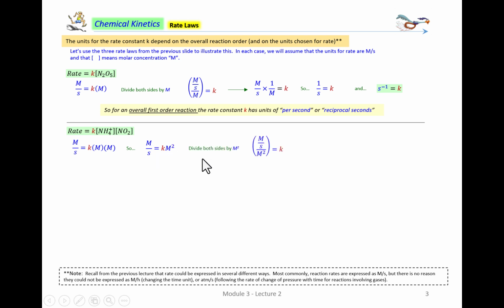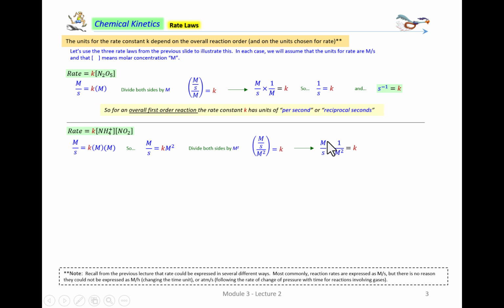If we divide both sides by M squared, we'd isolate K, and we'd have M over S divided by M squared, which of course is the same thing as molar per second times 1 over M squared.